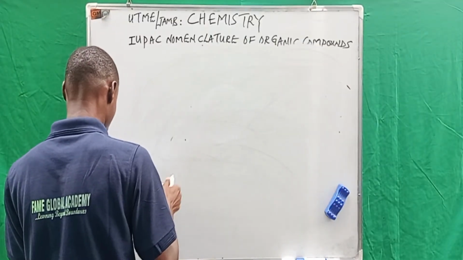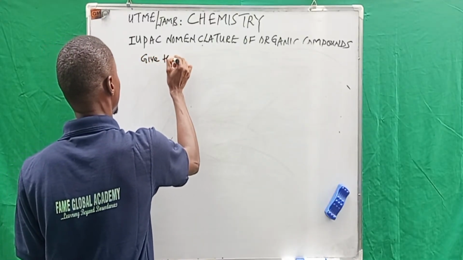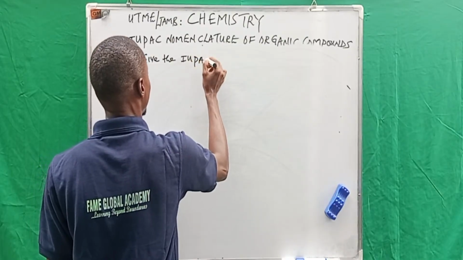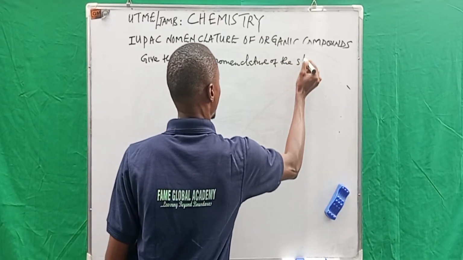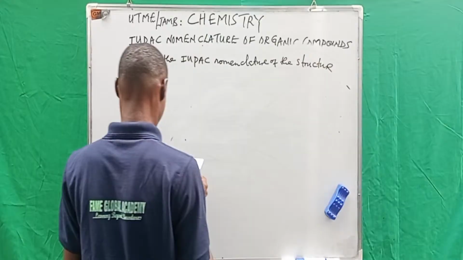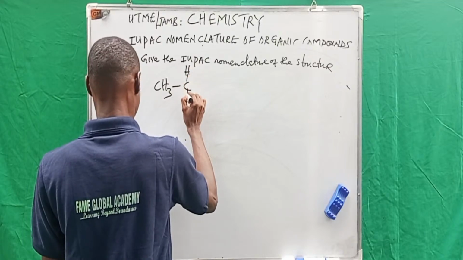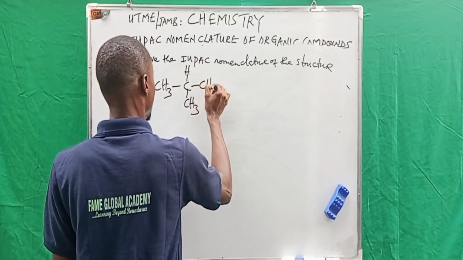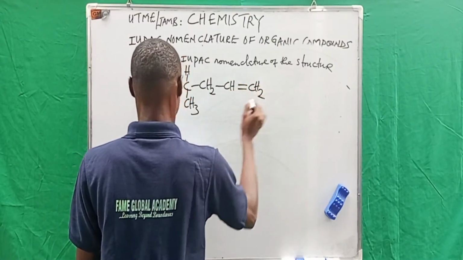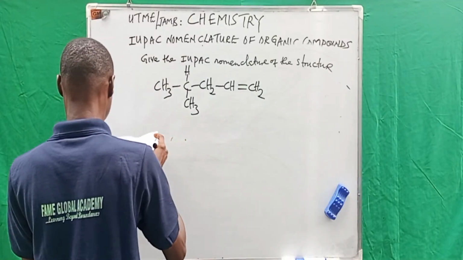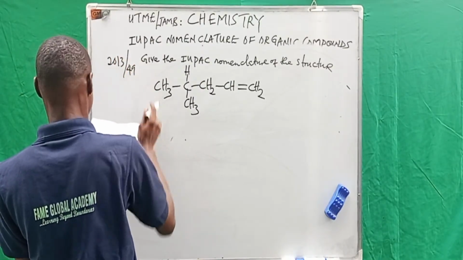The question says, give the IUPAC nomenclature, or the IUPAC name, of the structure. We have CH3, CH3, and we have CH2, we have CH, and we have a double bond CH2. This question is from 2013, question number 49.